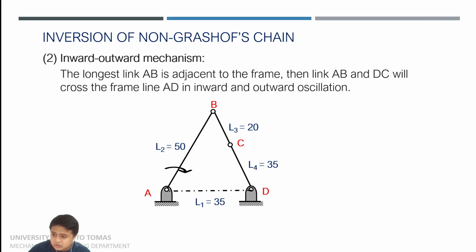We will take note at this point of the longest link again, which is this AB, no? So you have a longest link adjacent to the frame. If you have a frame and one of the adjacent links is the longest link, then it will be an inward-outward system.